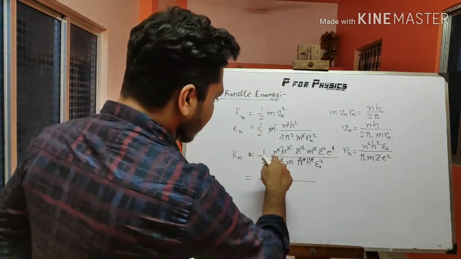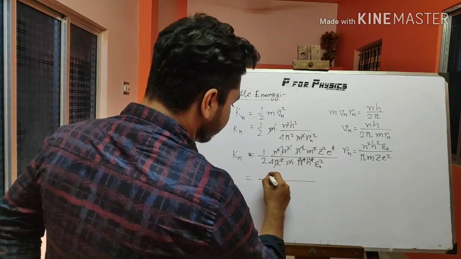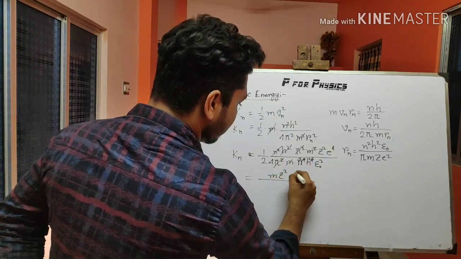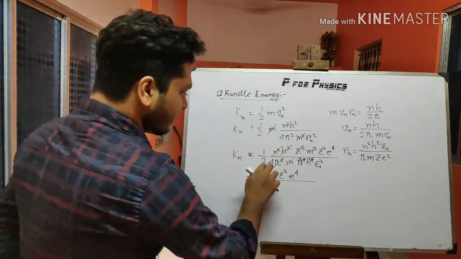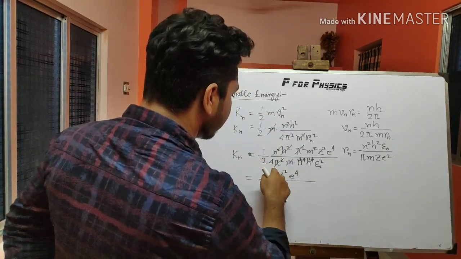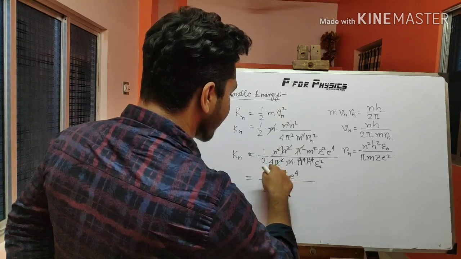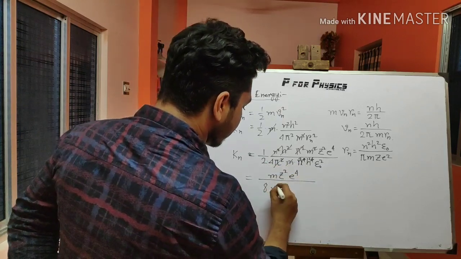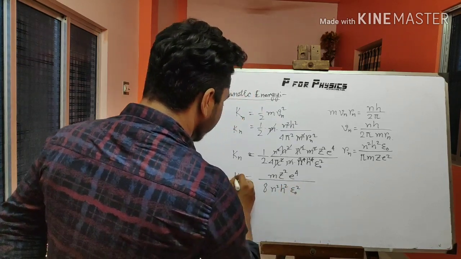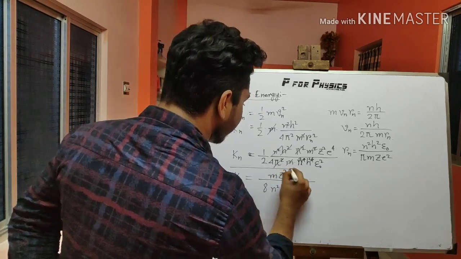We have m z square e to the power 4, and down we have 8 n square h square epsilon naught square. So this is the expression for kinetic energy.